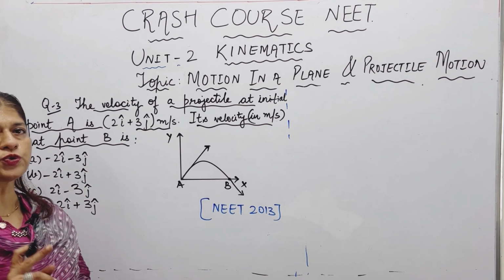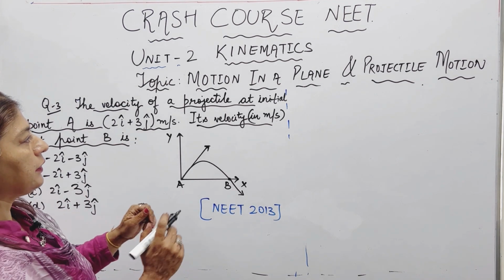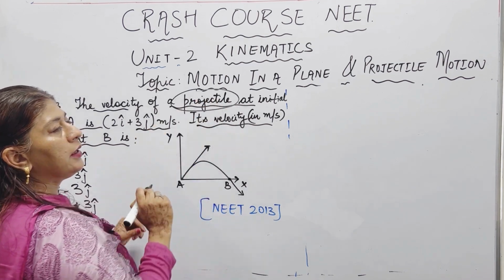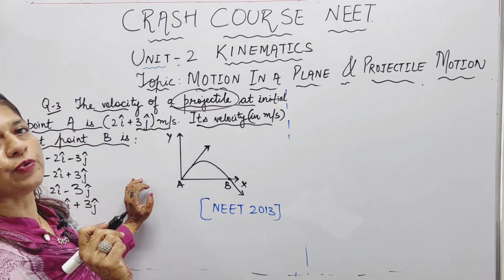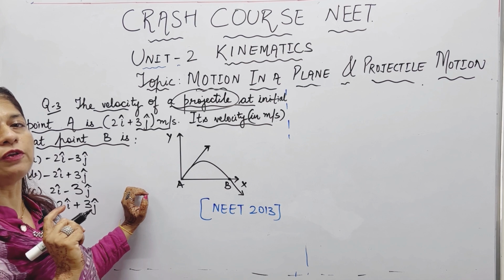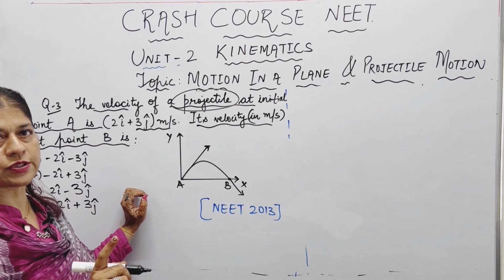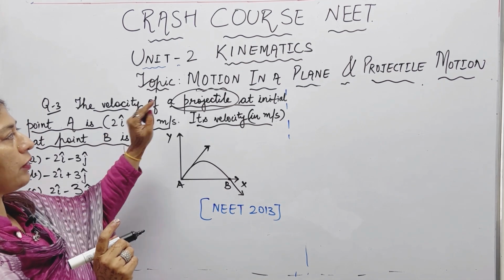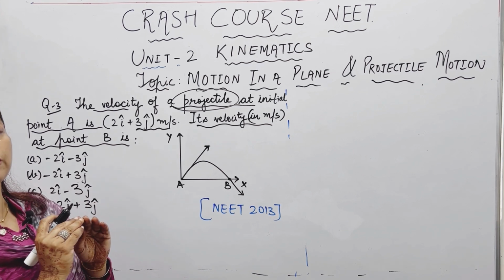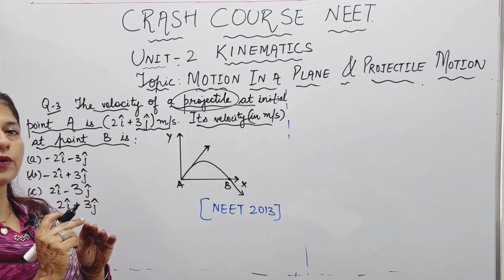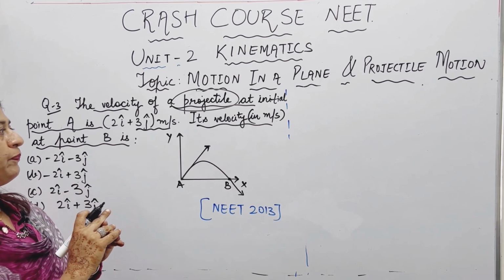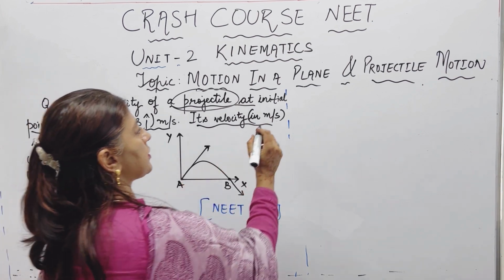So here we will use one concept: in the projectile motion, the velocity component along x-axis will not have any change, it remains constant. But in the projectile motion, the velocity component changes only along y-axis. So first we'll write down the concept.